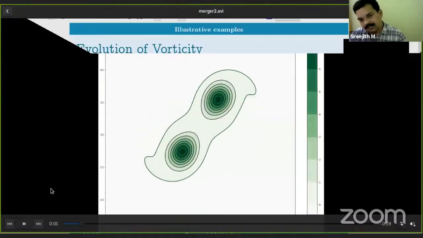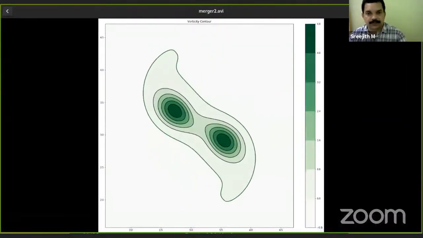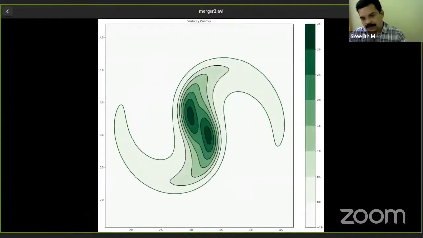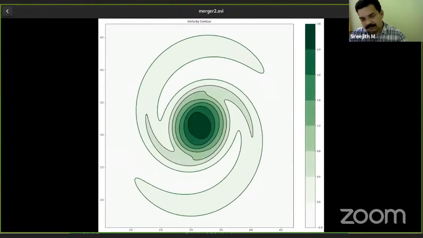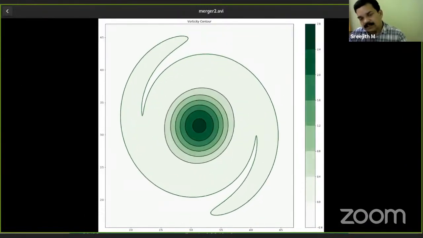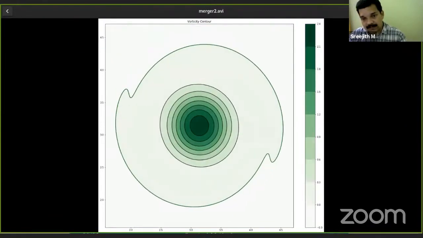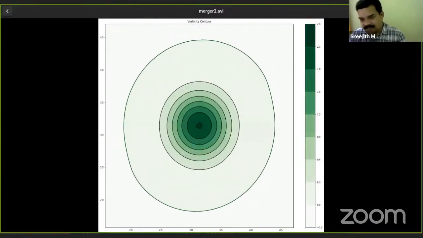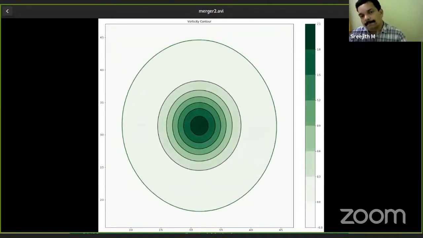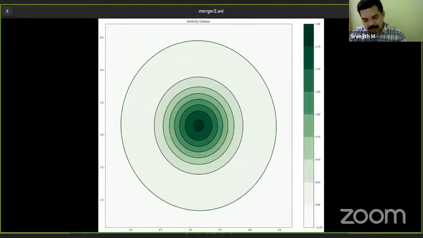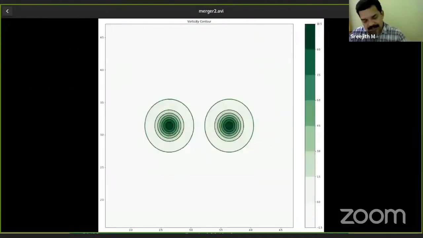So here you can see the merging of two vortices solved using the Fourier spectral method. Now, this can be validated using the time evolution of the separation distance of these two vortices. So we can use different initial conditions, and we can solve this problem. Depending on the initial conditions, you can have different solutions.